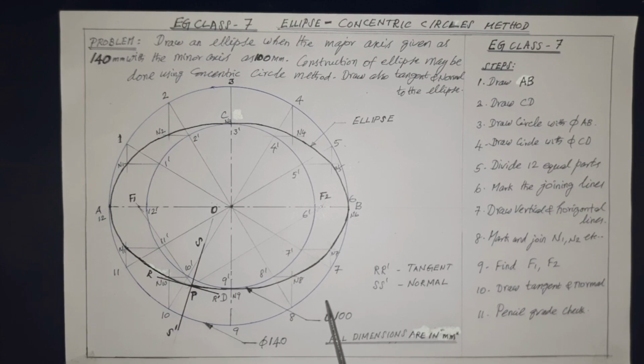For thin and light color, for all supporting lines or guidelines, only a 2H pencil is to be used, which should give only a light impression. This is the procedure for the pencil grade.